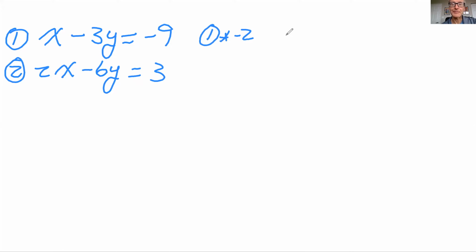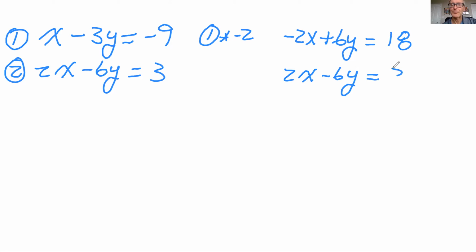So let's see what that gives us. We'd get -2x plus 6y, right? And that would equal -2 times -9, which is +18. And this here would be 2x minus 6y equals 3. If you look here, the y's cancel just like we wanted.